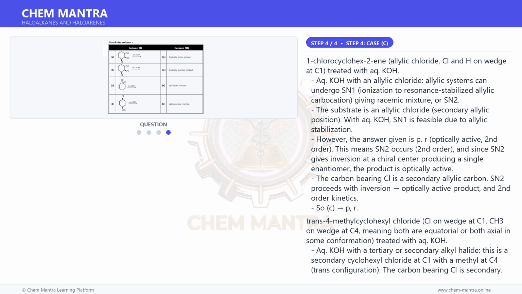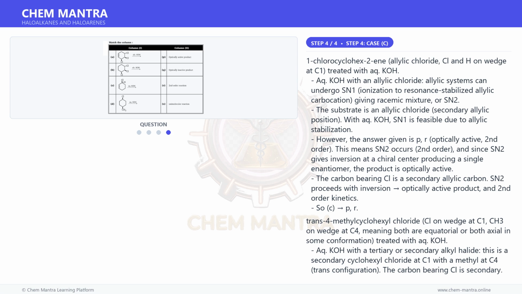So, C, P, R. Trans-4-methylcyclohexyl chloride, Cl on wedge at C1, CH3 on wedge at C4, meaning both are equatorial or both axial in some conformation, is treated with aqueous KOH. This is a secondary cyclohexyl chloride at C1 with a methyl at C4, trans configuration.